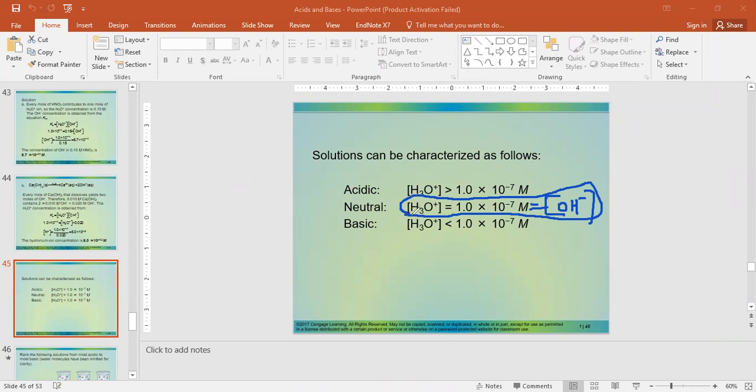For example, if a solution is neutral and you increase the concentration of the hydronium, then that's why we are saying that when it is greater than 10 to power minus 7, then you are going to get an acidic solution. And if this is less, then you are going to get a basic solution.